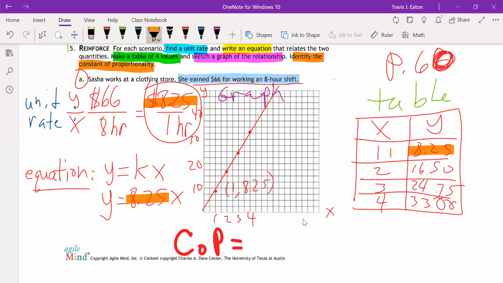So it's right there. So there are four different ways you can find the constant of proportionality, and it is 8.25.